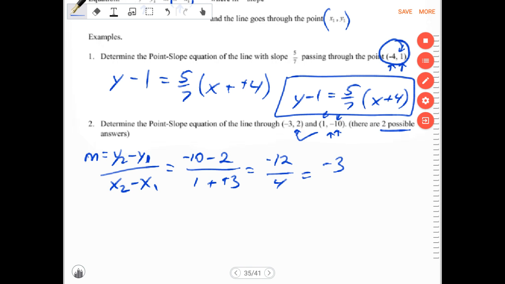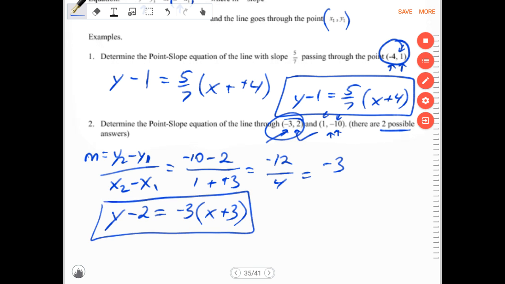Now, why there's 2 possible answers is because this next part could use either one of those 2 points. So our equation could be, if I'm using the first point, so let's use the -3 and the 2, y minus 2 equals -3 (x plus 3). Those coordinates just change. So that is the first answer.